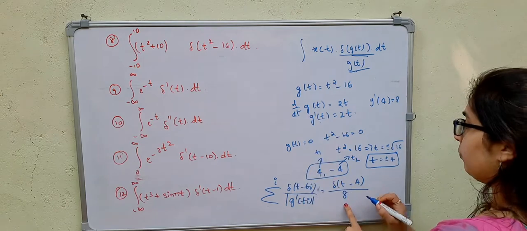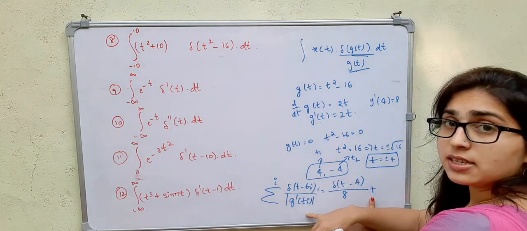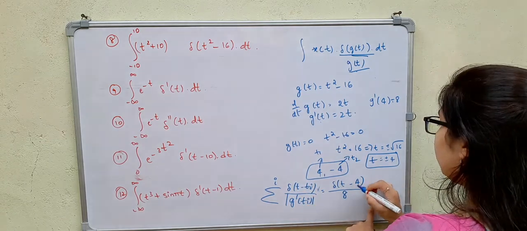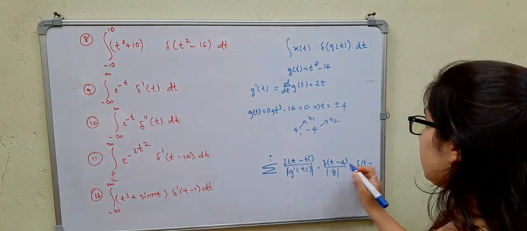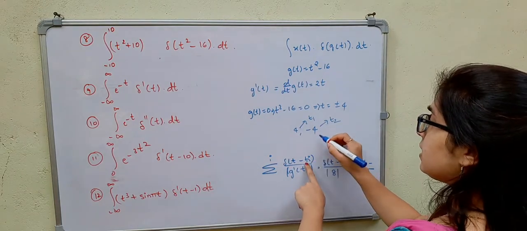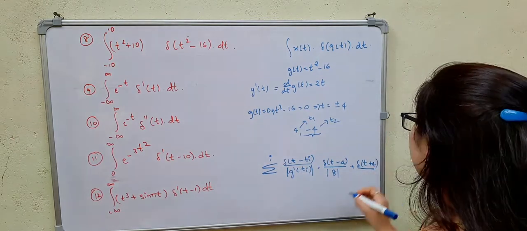So I'll write it here. Next, summation, so I will take plus. Next is delta of t minus t2, we will be considering it as minus 4, so it will be delta of t plus 4.